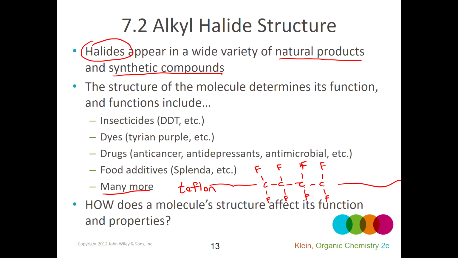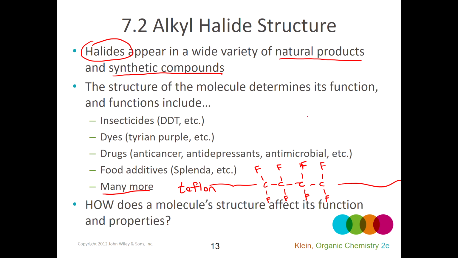So it doesn't create large areas of partial negative temporarily and partial positive anywhere. So it really forms extremely weak intermolecular attractions, which is why food and other things don't stick to Teflon-coated items. And that has a really interesting and obviously useful property.